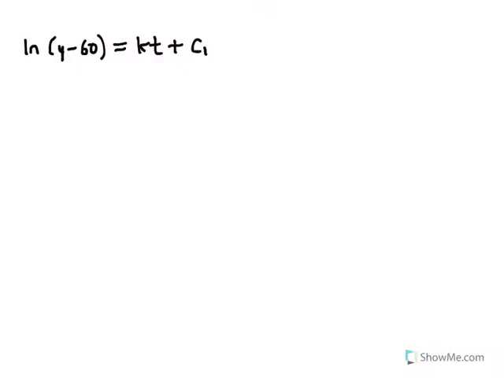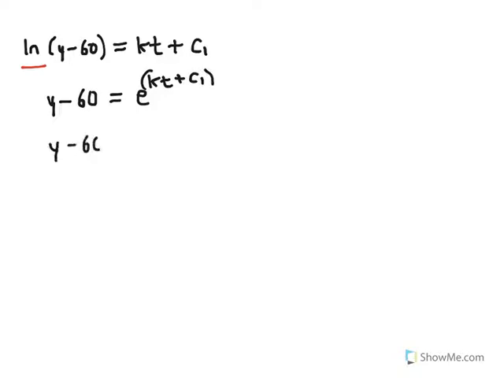I would like to solve for y because y represents the temperature of the object, and that's what we're after. So how do we do that? We're going to exponentiate both sides of this equation with base e, because exponentiating with base e is the inverse operation of taking the natural log. So when we do that on the left side, the inverse operations will undo each other, leaving us with y minus 60, and on the right side we'll have e to the kt plus c sub 1.